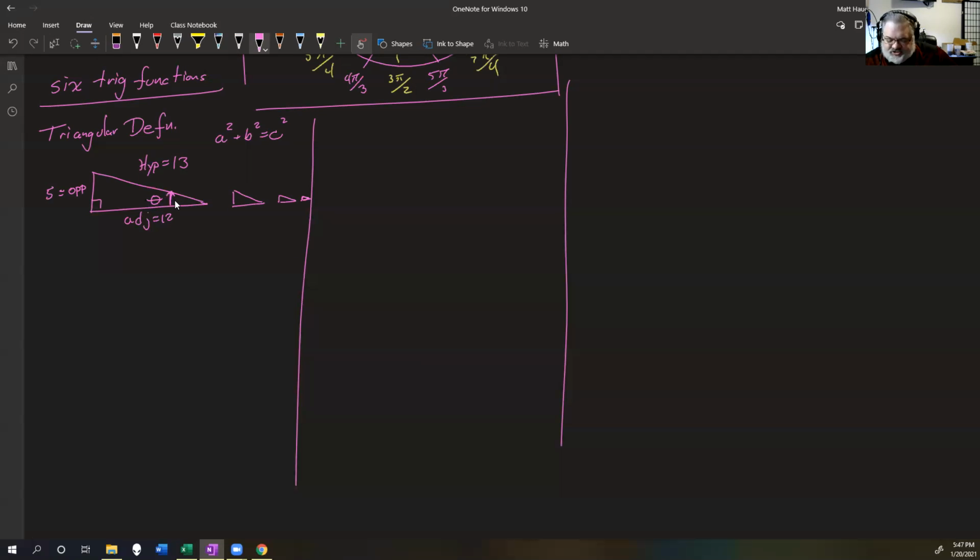So when we talk about our trig functions, the job of the trig functions is to relate this angle with the ratio of sides that are produced. Each of the trig functions is going to take in an angle, symbol for the measure of an angle, and the output is always going to be comparable to a ratio of side lengths.